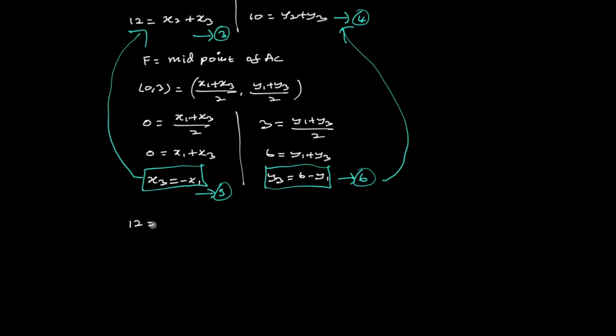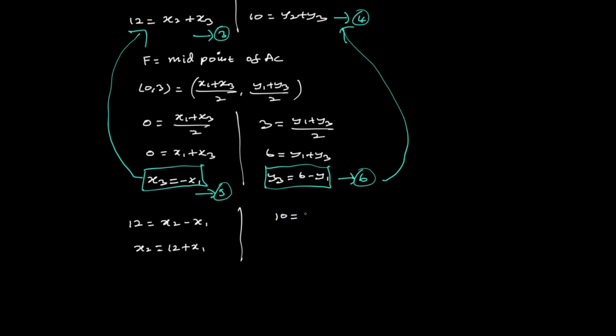So 12 equal to x2 minus x1 because x3 is minus x1. So x2 minus x1 equal to 12. From this find x2. So x2 equal to 12 plus x1. And now substitute equation number 6 in equation number 4.